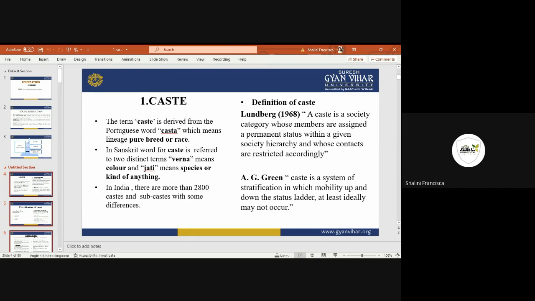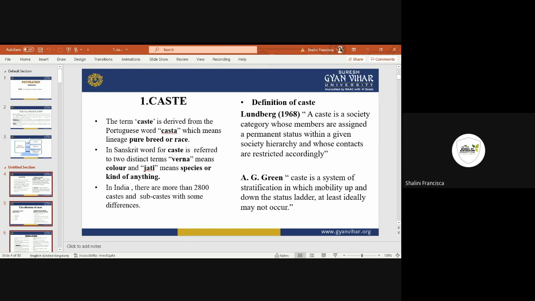Okay, permanent status here means if they are called fishermen, then they are fishermen forever. And within a given society hierarchy, even with the permanent status they have some hierarchy, and whose contacts are restricted accordingly.